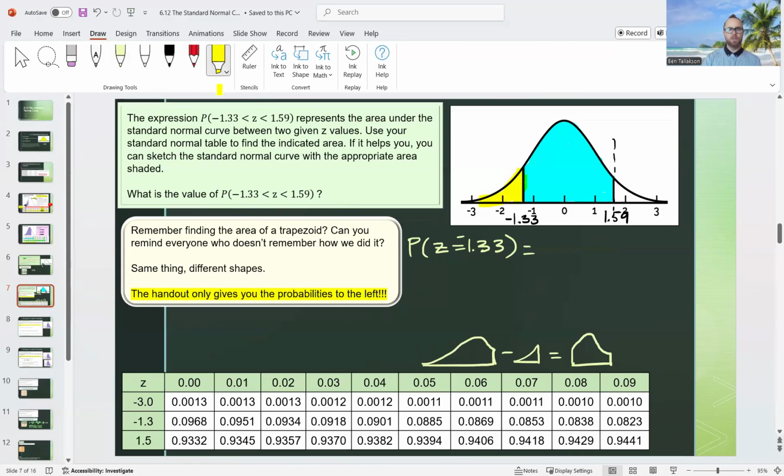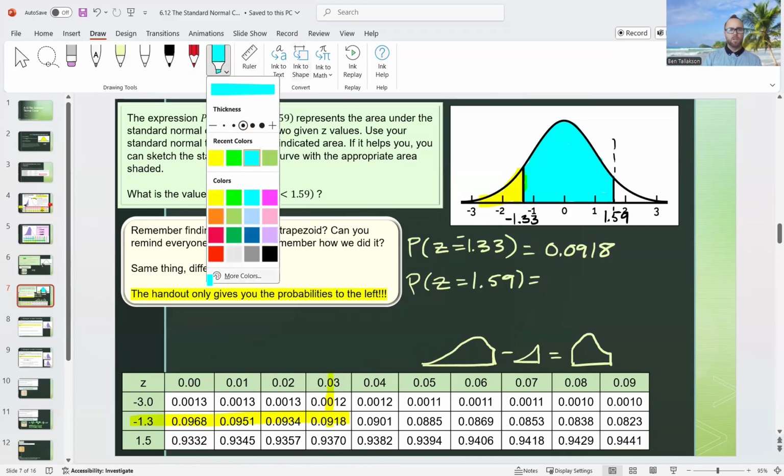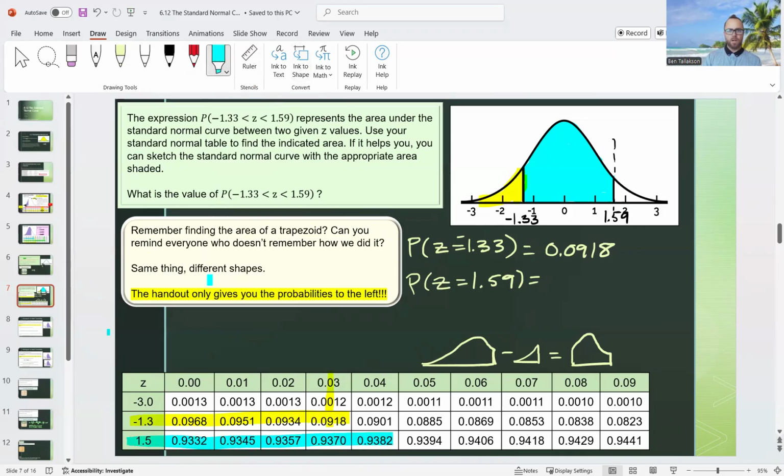If you look at your table, negative 1.33, there it is. 0.0918. Okay. Then the probability of our other z-score given, which was 1.59. Let's look at our table. Can you find it? 1.59 all the way over. 0.9441.